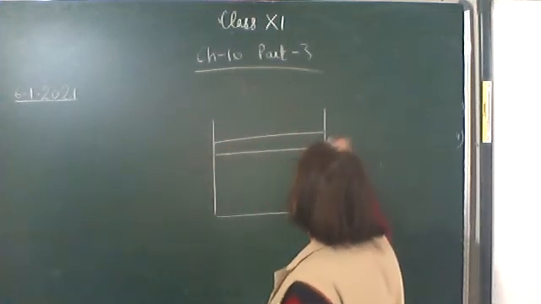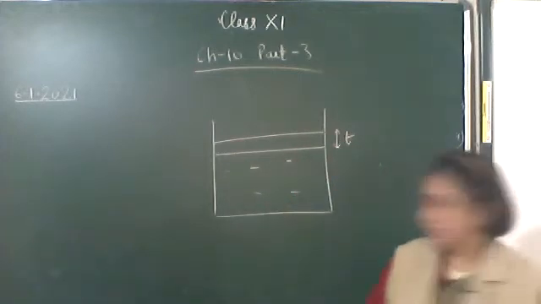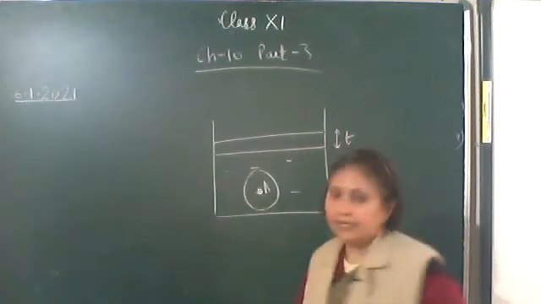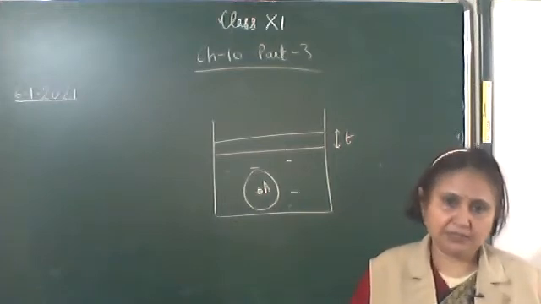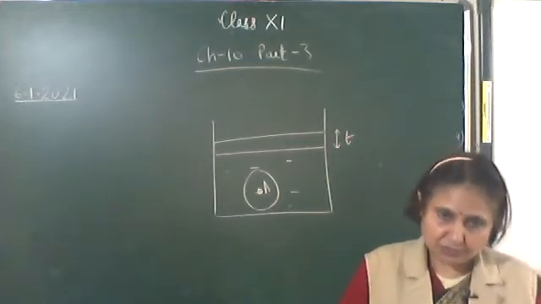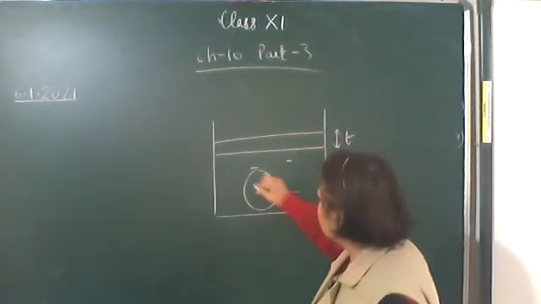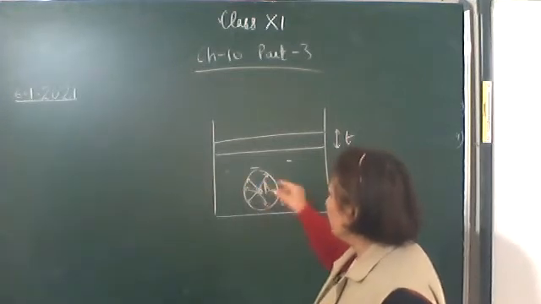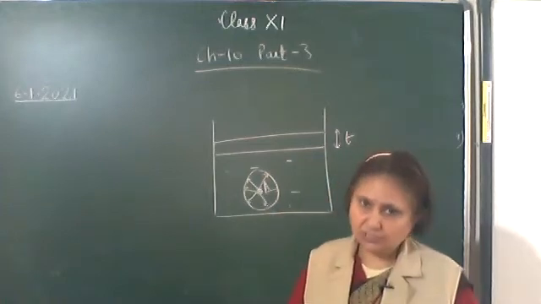So this is the surface film of thickness t, with liquid inside. Here we consider one molecule, let us name it A, whose sphere of influence is completely inside the liquid. That is, the other molecules attract this molecule by equal force on either side, so the net force on this molecule is 0.